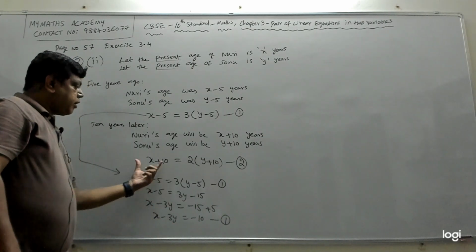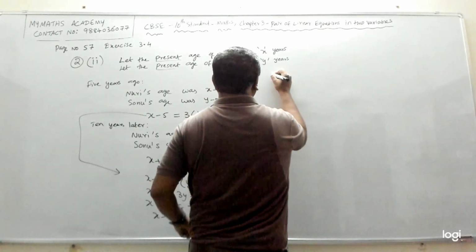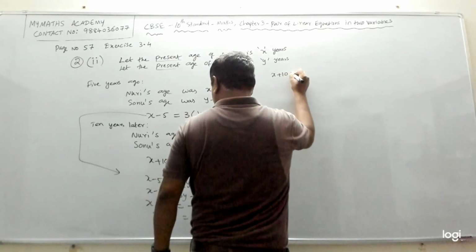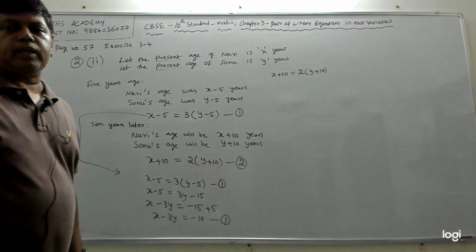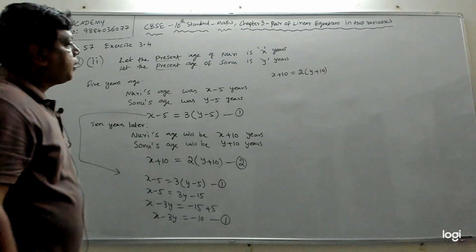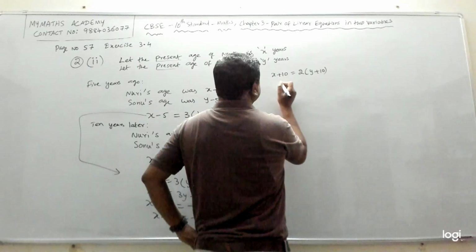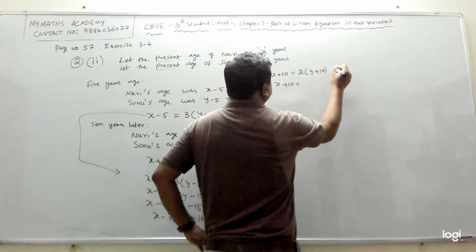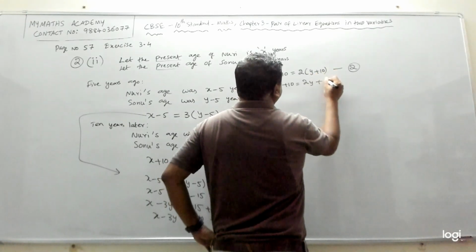Similarly, we have to simplify equation 2. What is equation 2? We have x plus 10 equal to 2 into y plus 10. Let's multiply: 2y, and 2 into 10 is 20.